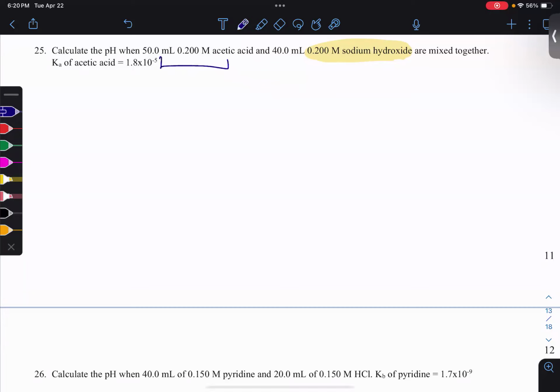So what are we mixing together? 50 times 0.2 is 10. 10 millimoles of acetic acid. And then we are mixing 8 millimoles of strong base, so hydroxide.